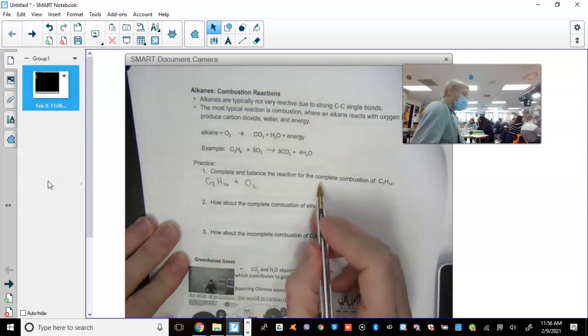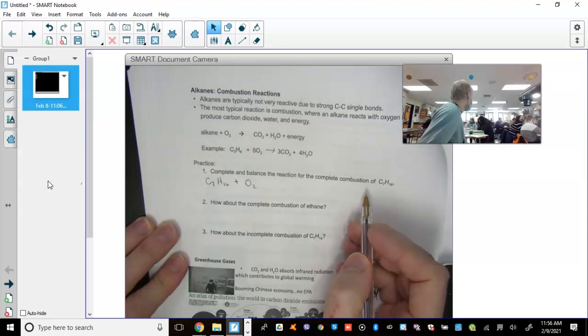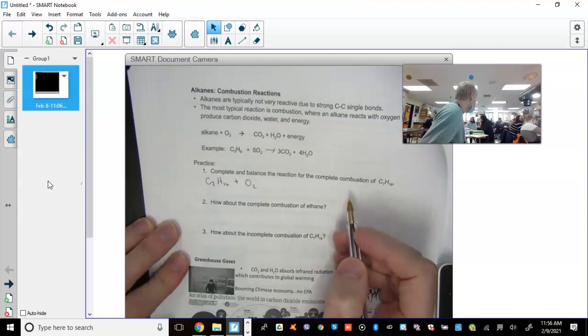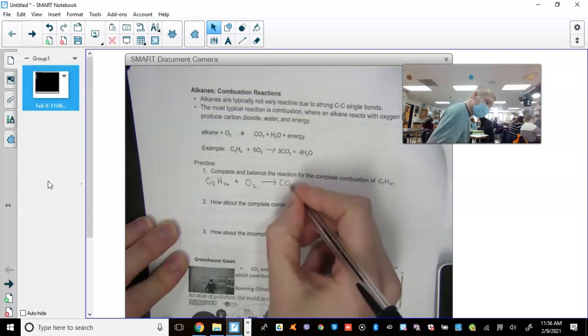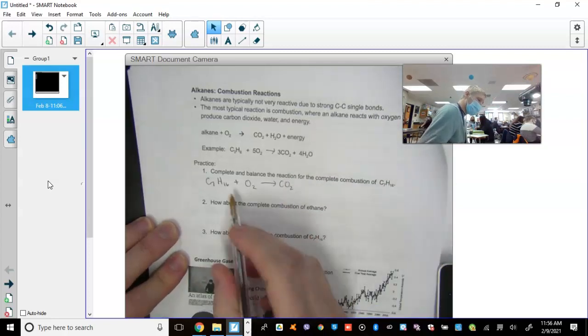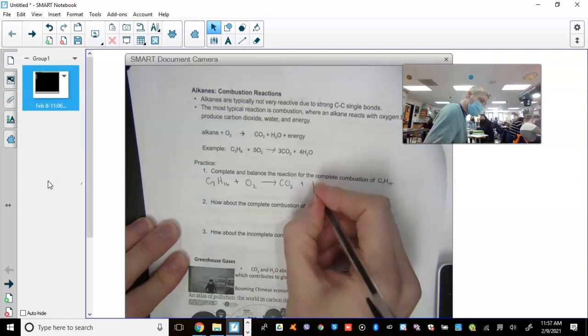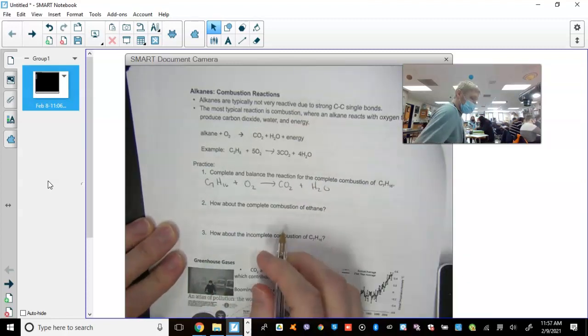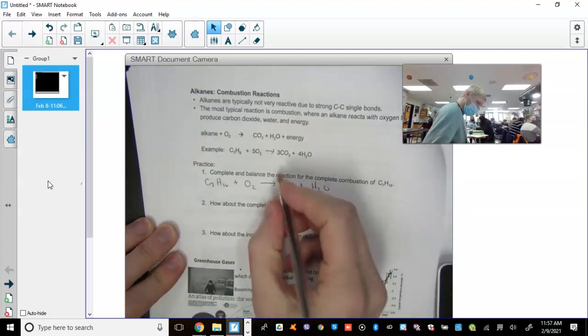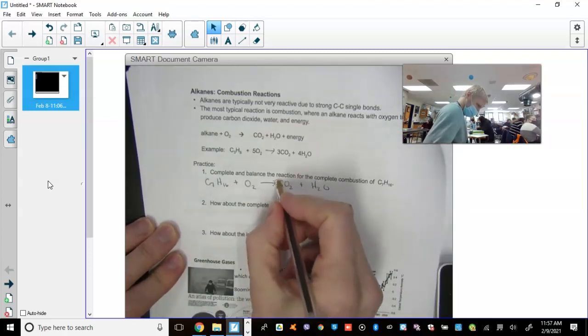All right. So in this example, it says complete combustion. So that means one of our products is going to be CO2. Incomplete is carbon monoxide. So it's always CO2 and water if it's complete combustion. And then from here, it's just a balancing problem. I got 7 carbons, so I need a 7.